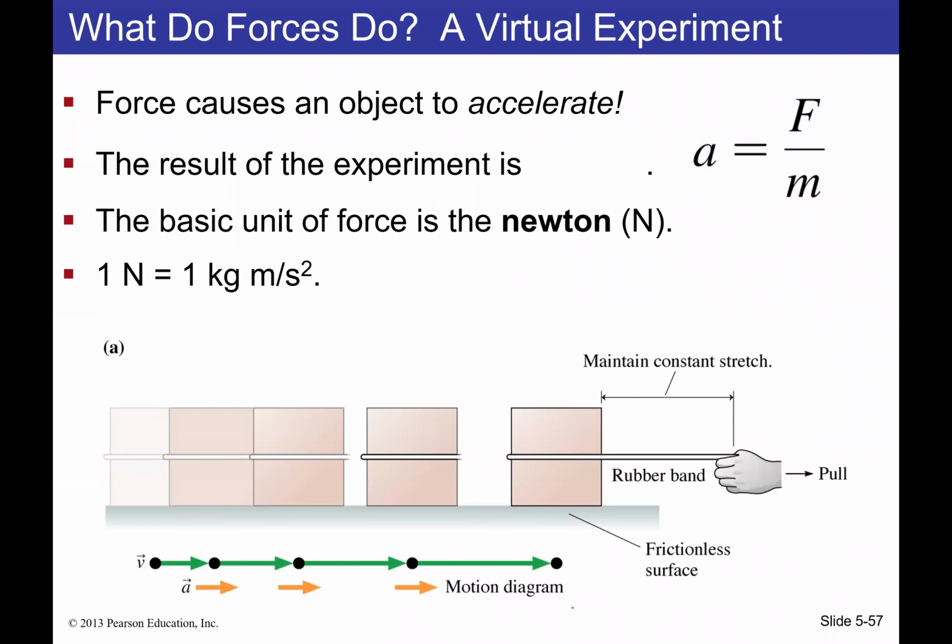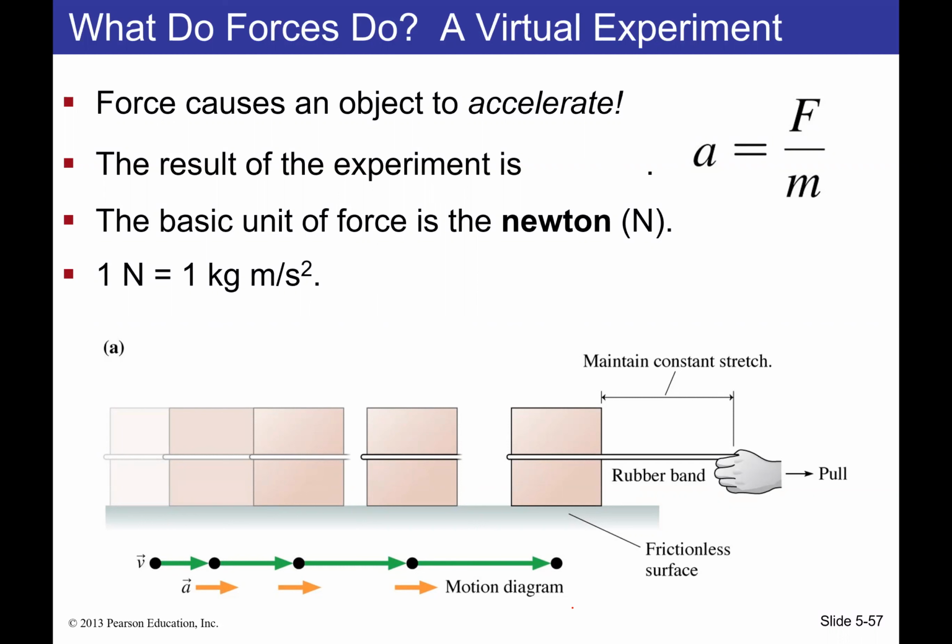The conclusion here is that acceleration is proportional to the force, which means the force is what makes an object accelerate in the first place. When we say an object is speeding up or slowing down, that's because of the acceleration, and the acceleration is there because the object is being pulled or pushed.